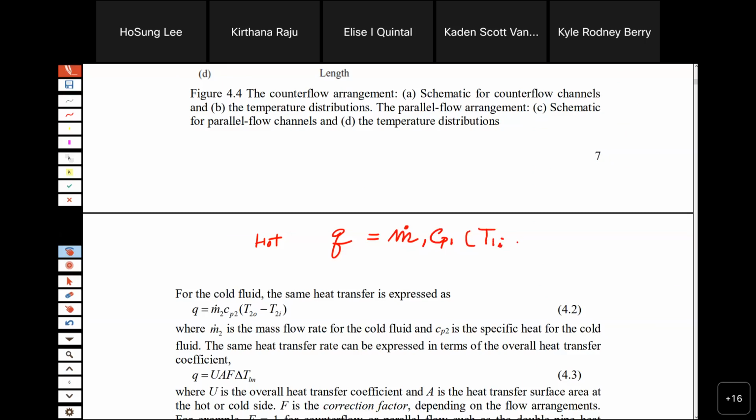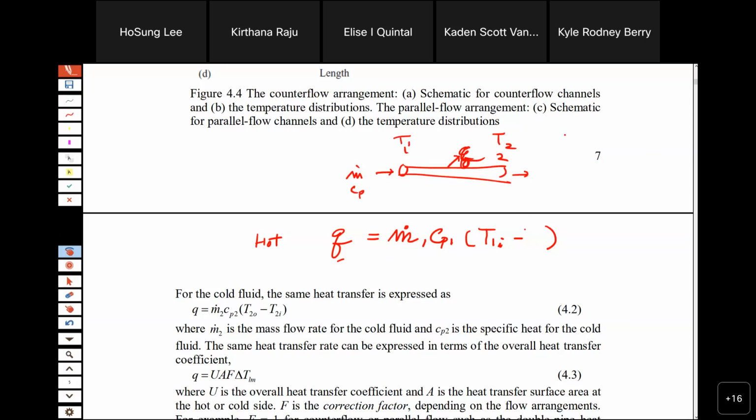T1I is the highest. And what would be the heat transfer enthalpy flow? Anyone? Q.